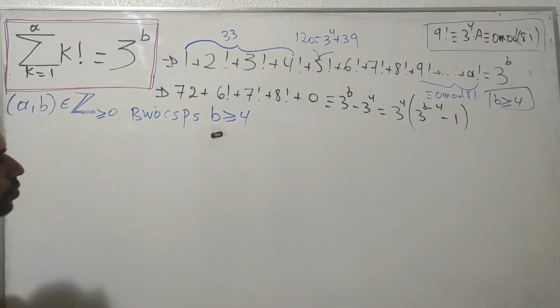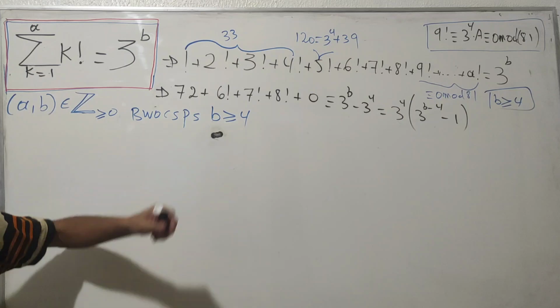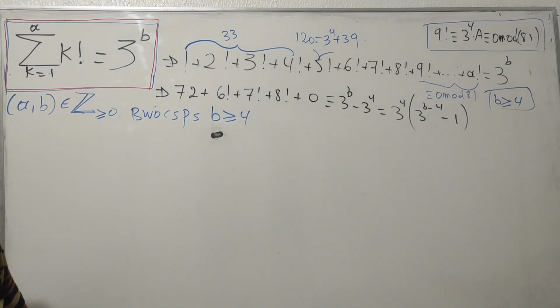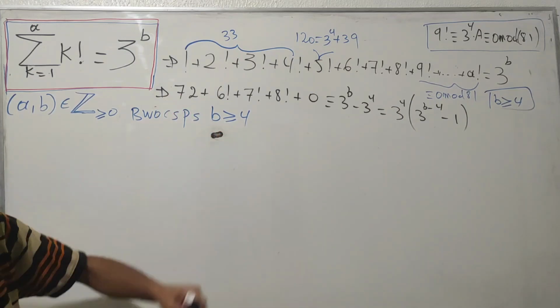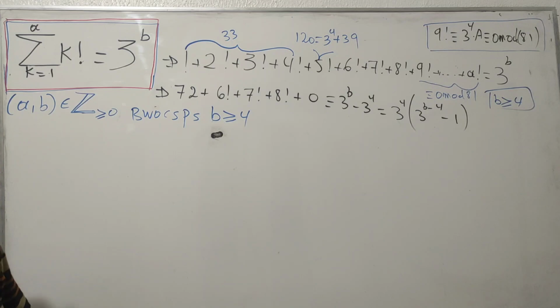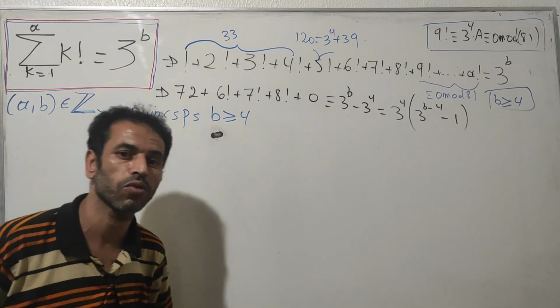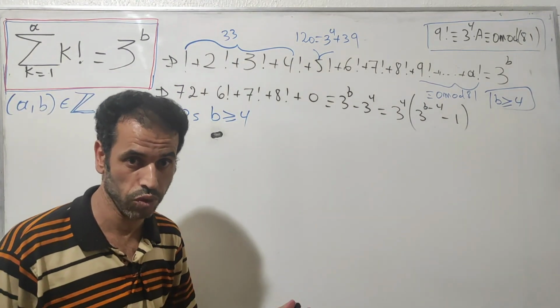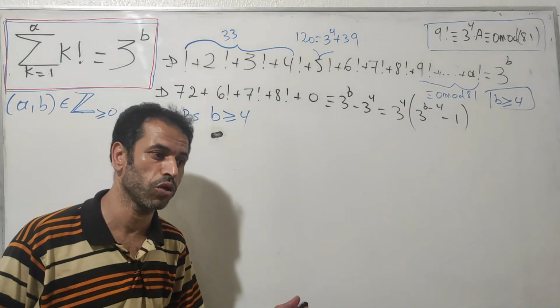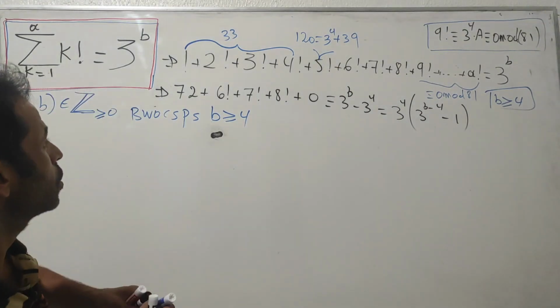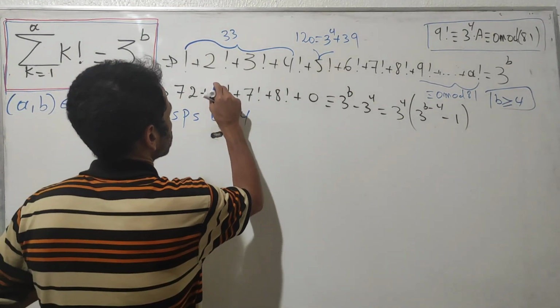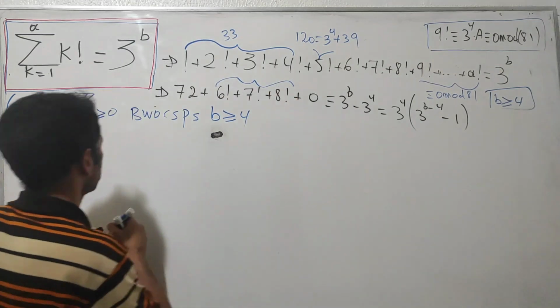Now we are going to compare the remainders of this equation when you divide the left and the right side. If you have the same remainder for both sides of the equation, that means we have a solution. If you have a different remainder, that means we have no solution, which means we are going to reach a contradiction, okay?